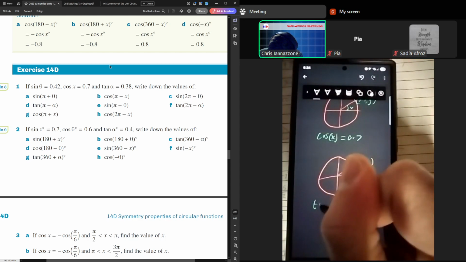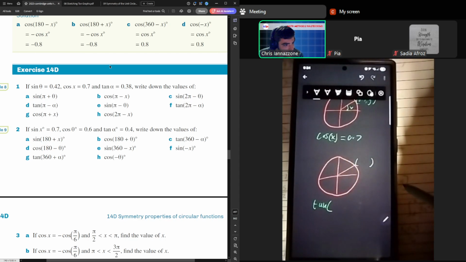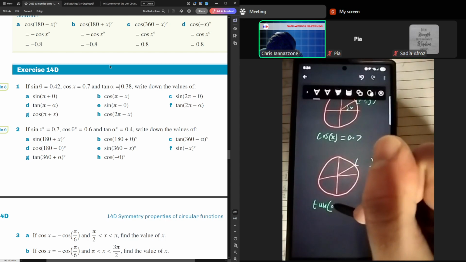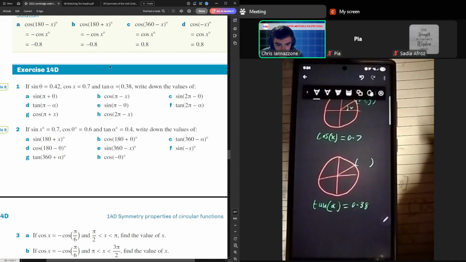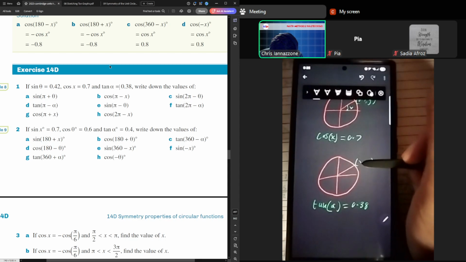This one is tan alpha is 0.38. Yeah, so this one you just leave as an x, y.